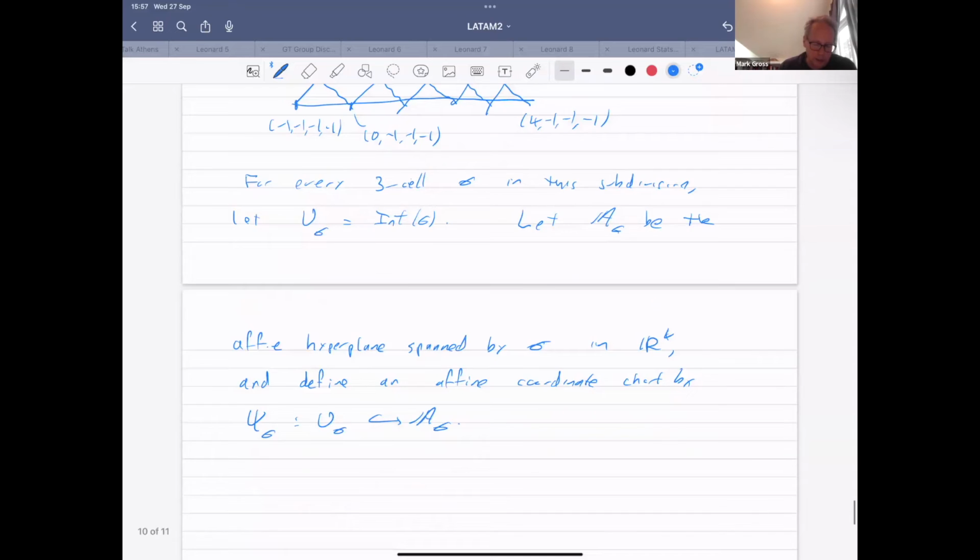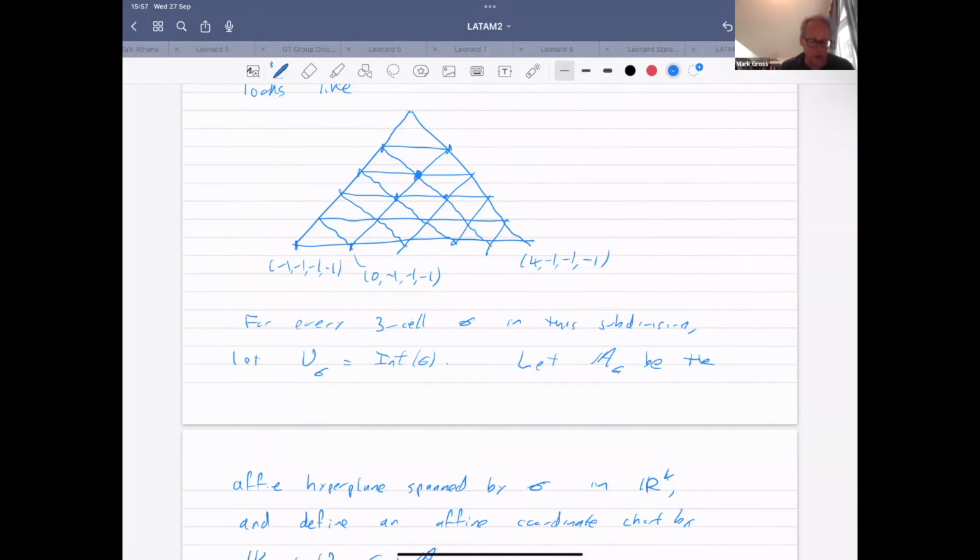Now I'm trying to build an affine structure, which means I need to find coordinate charts and then try to cover as much of B as possible.